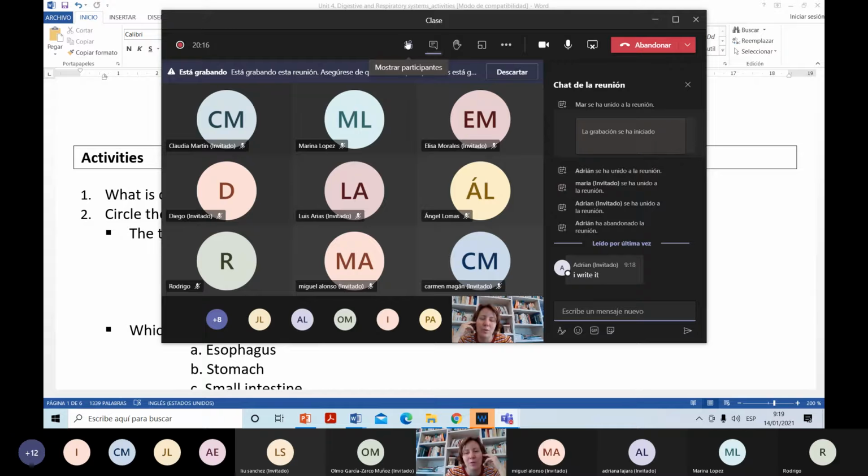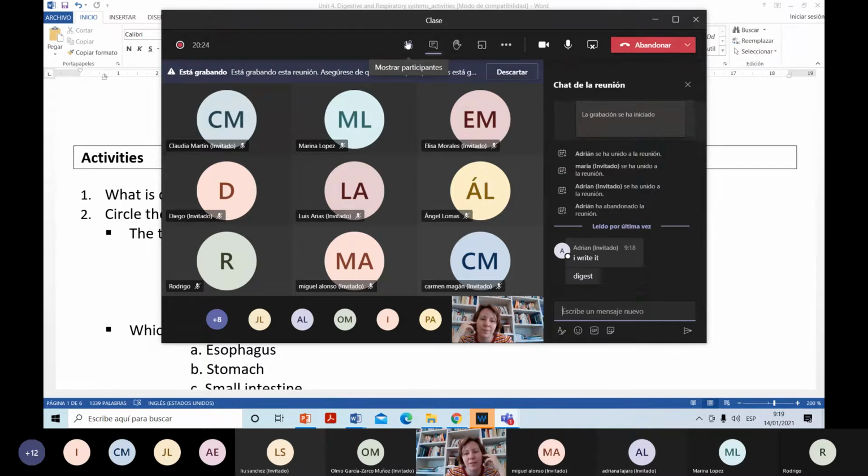The important verb in digestion is, what do you do when you do digestion? Digest, okay. Another one. What is digest? Imagine I don't understand digest. What do I ingest and why?